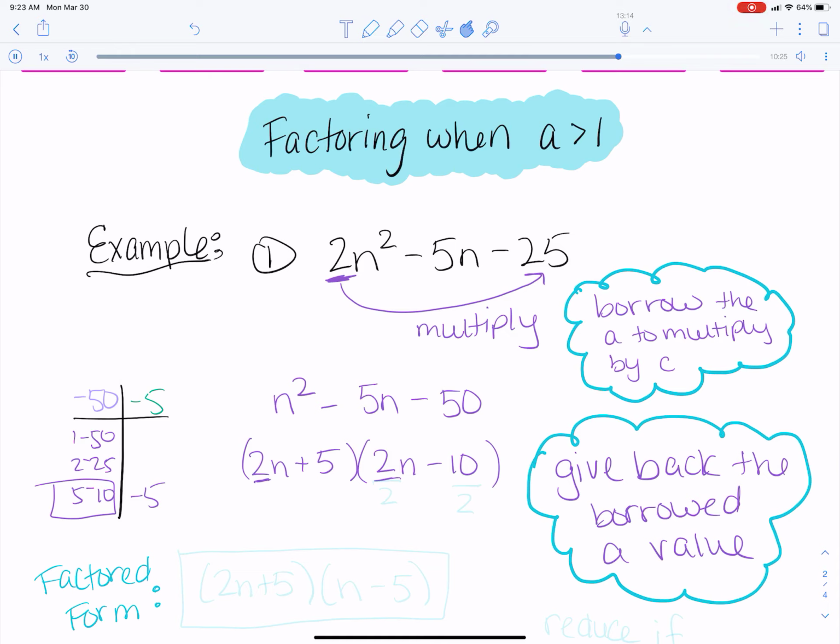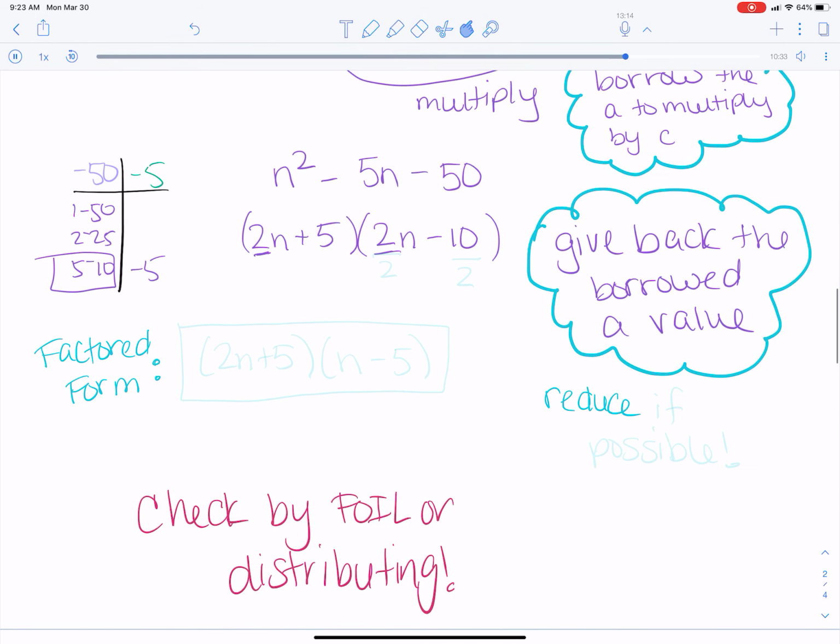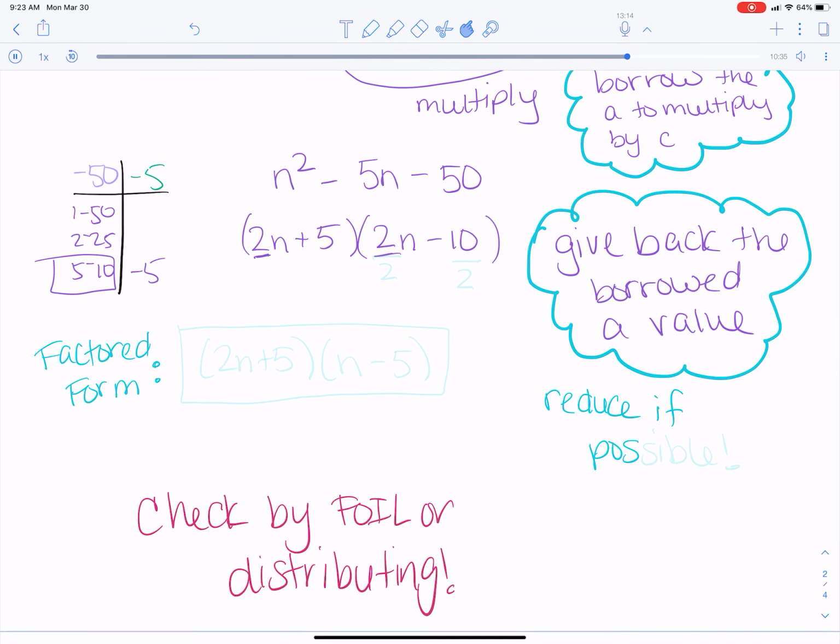Now we have to look at each factor, and we're going to try to reduce it if possible. My left factor, the 2n plus 5, I can't reduce either of those by anything, so that one's going to stay the same. But my second factor, the 2n minus 10, I can reduce both of those by dividing them both by 2. So we're going to reduce that factor.